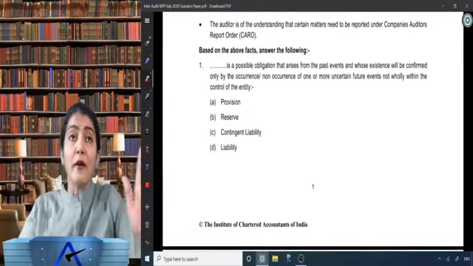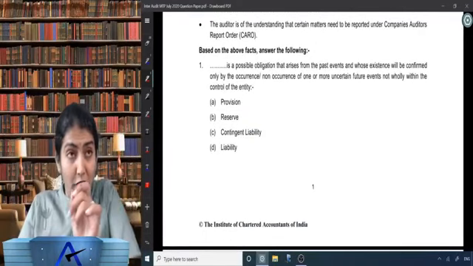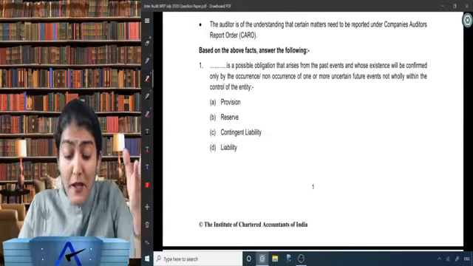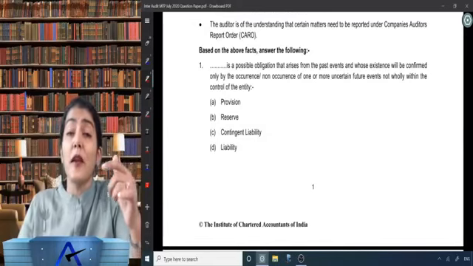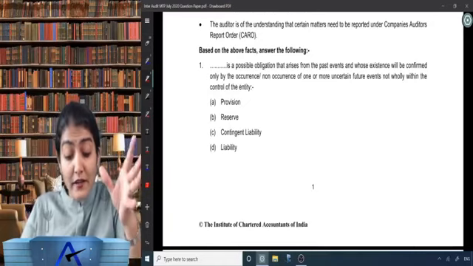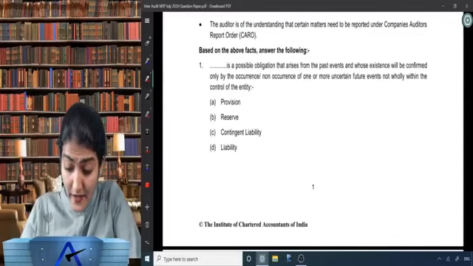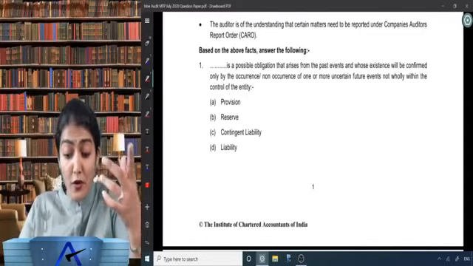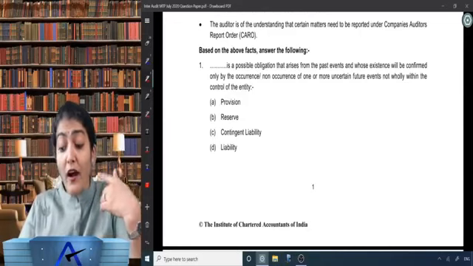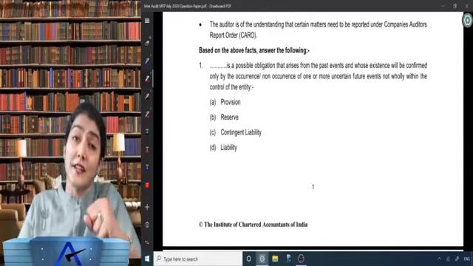Now, based on the above facts, answer the following. Blank is a possible obligation. So one, it could be a present obligation, or second, it could be a possible obligation. Here it says a possible obligation that arises from past events and whose existence will be confirmed only by the occurrence or non-occurrence of one or more uncertain future events, not wholly within the control of the entity.